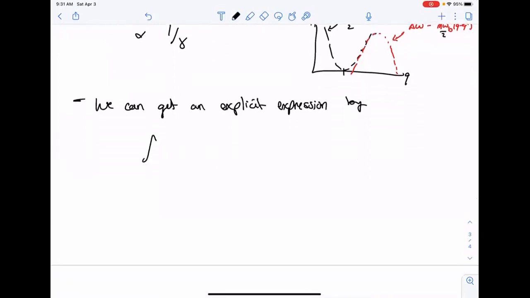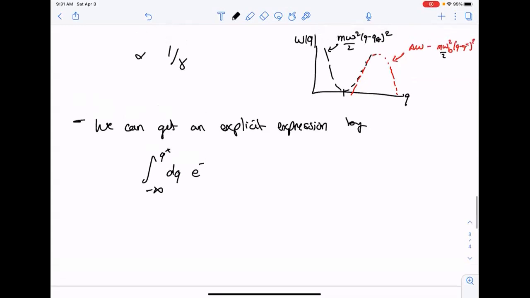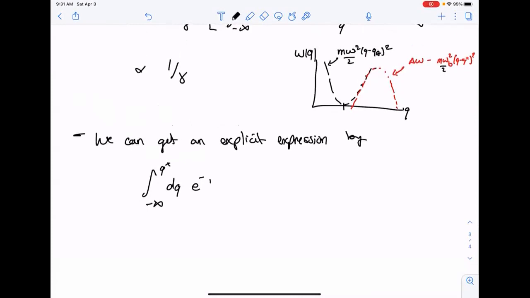So the first integral we would need is the integral over the A region, approximating it quadratically, like so. We can make an assumption, let's call that omega naught.